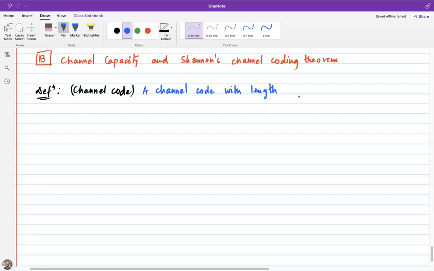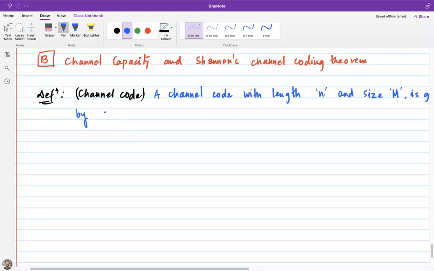A channel code with length n and size M is simply given by the two mappings, which are E and D, meaning the encoder and decoder. And we need to specify what the encoding and the decoding operation are.